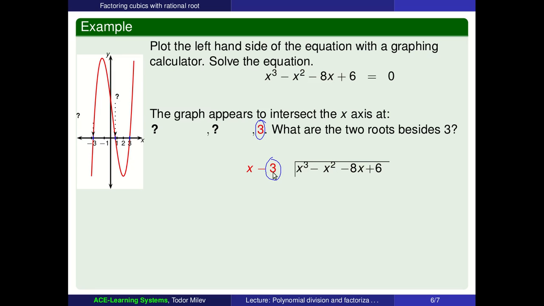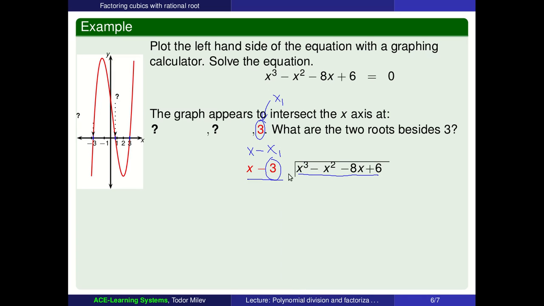If 3 is a root of a polynomial, that means that that polynomial is divisible by x minus the root, right? So if 3 is the root x1, then we're guaranteed that x cubed minus x squared minus 8x plus 6 will be divisible by x minus x1, by x minus 3. So if our guess here is correct, we're guaranteed that the original polynomial will be divisible by x minus 3.